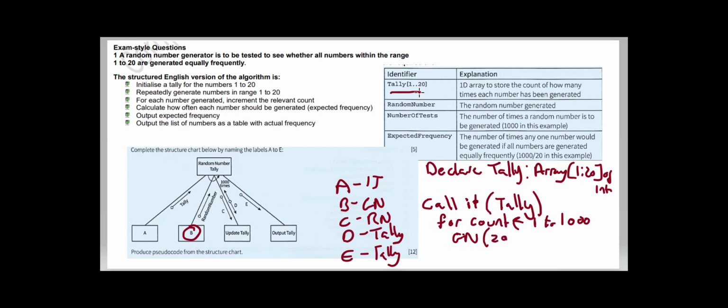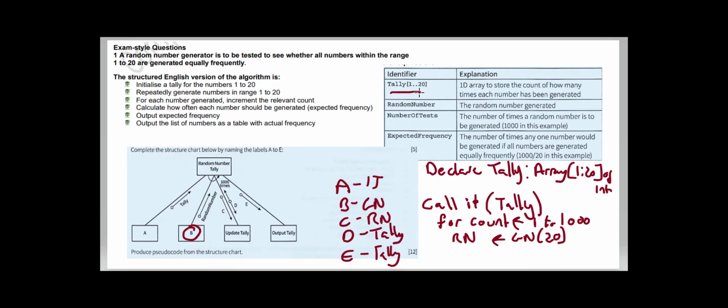And we want to do it from 1 to 20. And I want to store it in random number. This is meant to be indented, so let me just do this bit again, badly done. So we want to generate a random number to 20 and store it in random number.